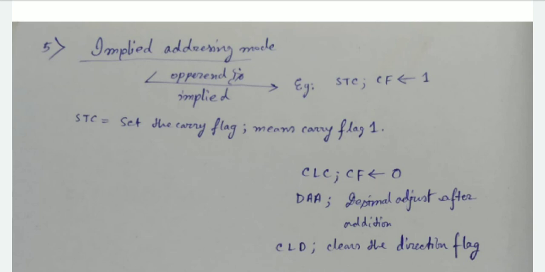It makes the carry flag 0. This instruction always clears the carry flag. This kind of typical instruction which operates only on a particular operand is the implied addressing mode.